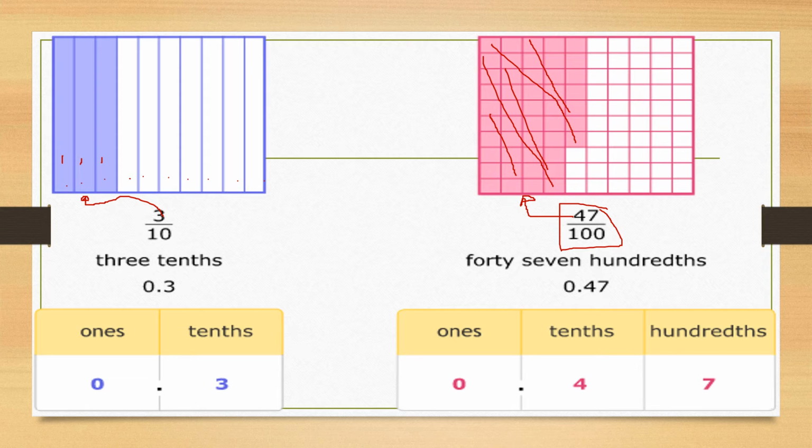So 100 is the number of boxes, and 47 the number of shaded boxes, or the boxes that have color. Understood? Or we can read it as 47 over 100, or 47 hundredths.